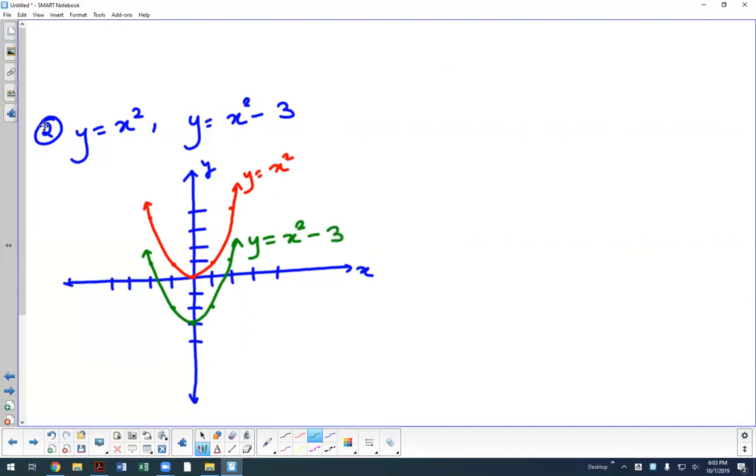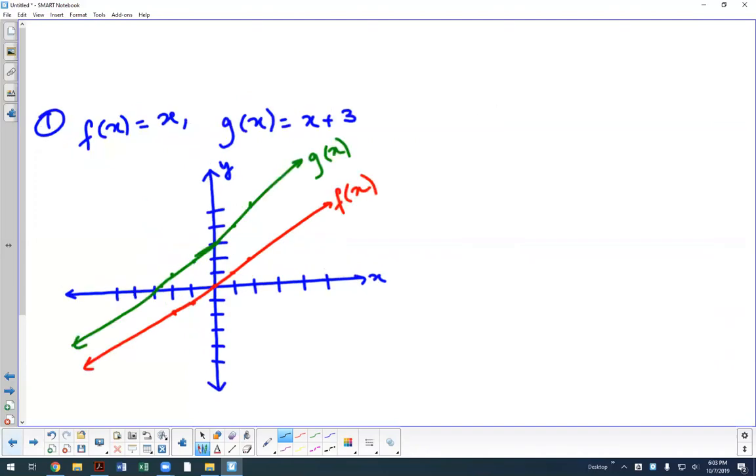So again, if you use the origin as your point, you should be able to see that when we count 1, 2, 3, our graph did move 3 units down. So it's that -3, which is making our graph go down, right? So that's actually telling me our k value is -3.